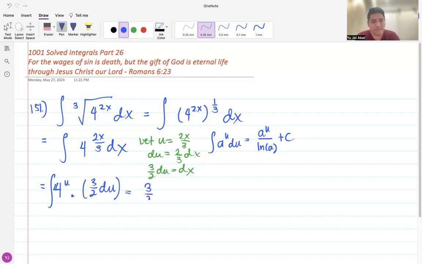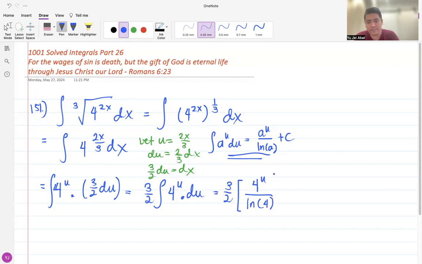Factoring out 3 halves, we now have 4 raised to u du, which is readily integrable by this formula. So now you have 3 halves, a raised to u, that's 4 raised to u, then over ln of 4, plus c.